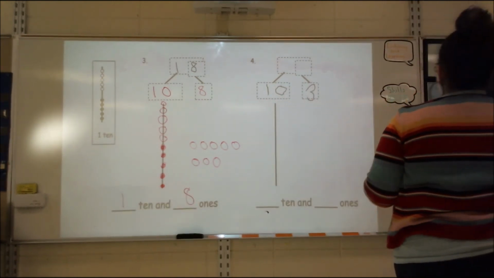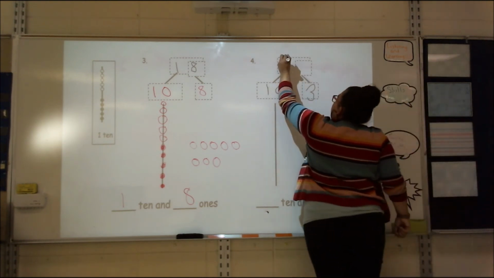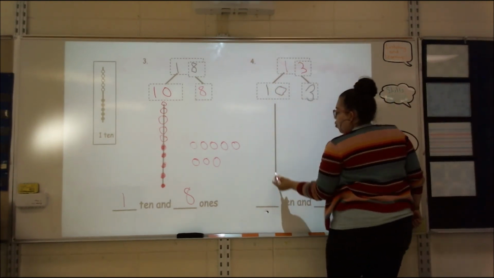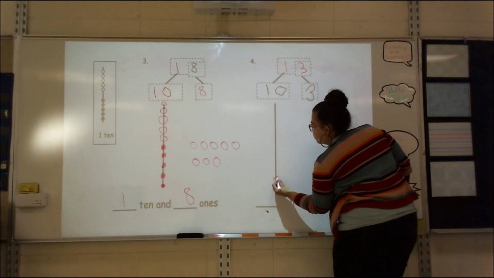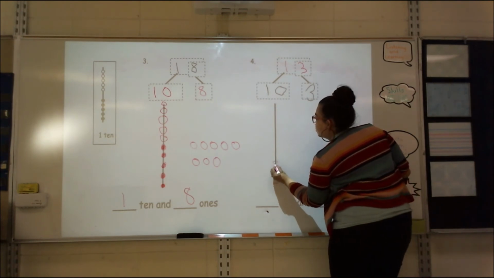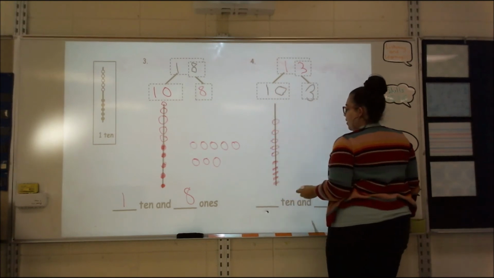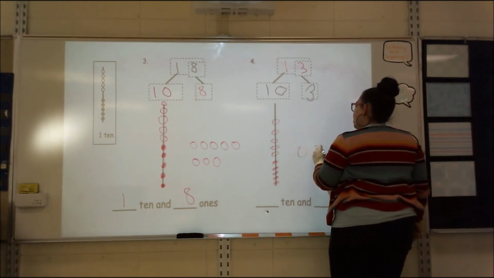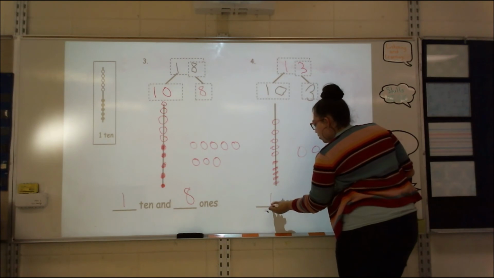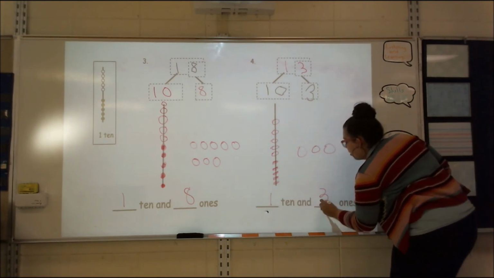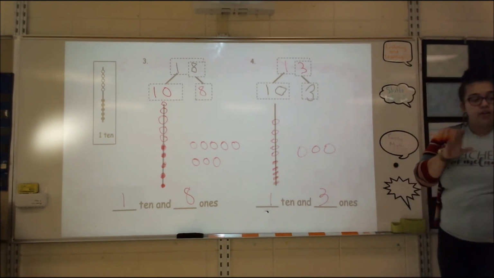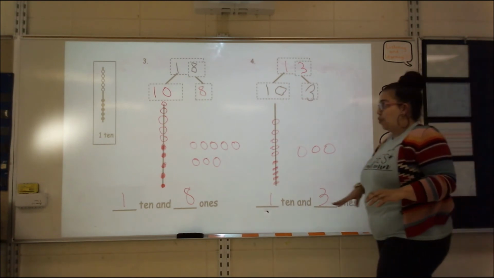It's 13. 13 is one group of 10 and 3 ones. So one group of 10 and 3 ones.